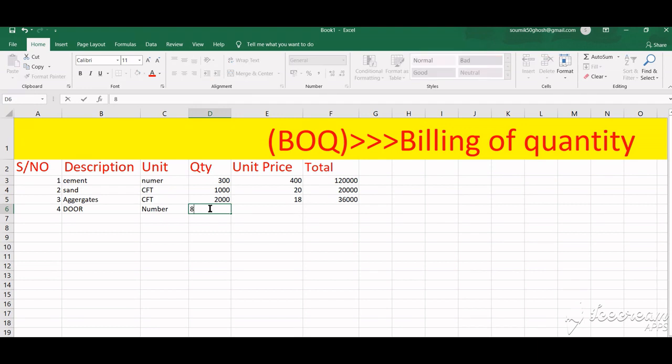Quantity is 8 and the unit price is 4000. Total amount equal to select this one into select this one. Next, type enter.